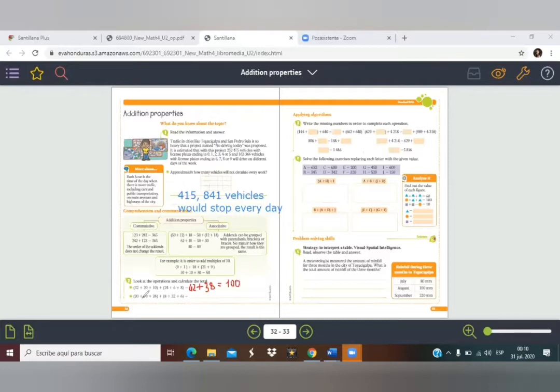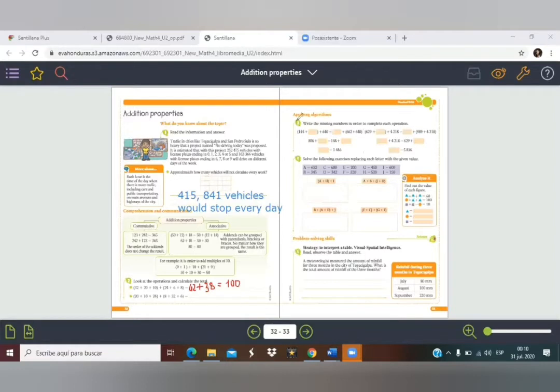Okay, as you can see, the second exercise is the same as this. So you have to do the same process. First, add the numbers in parentheses, and then the result you have to add, as you could see before.